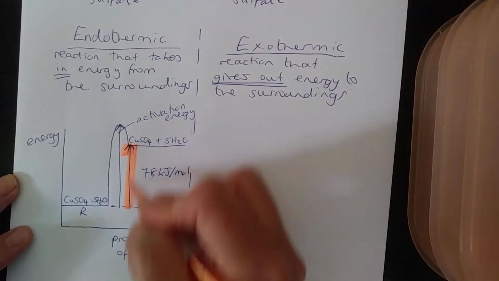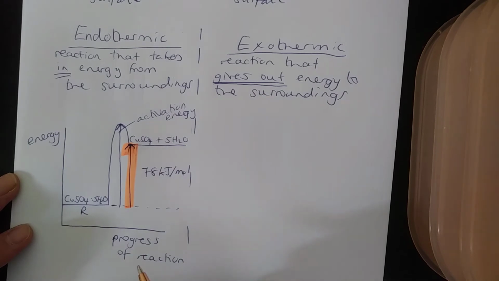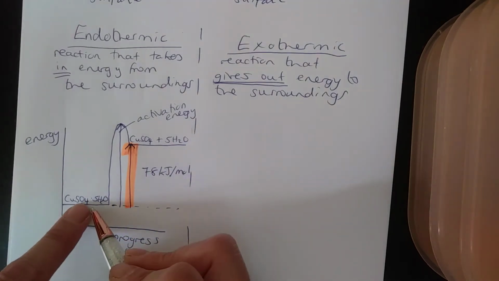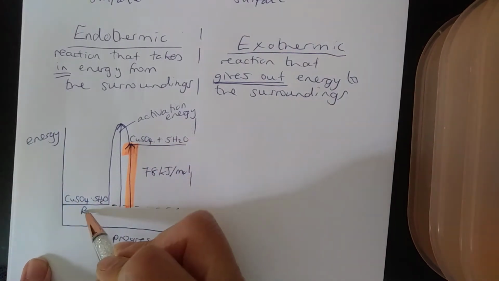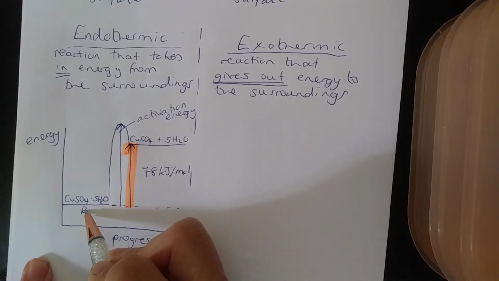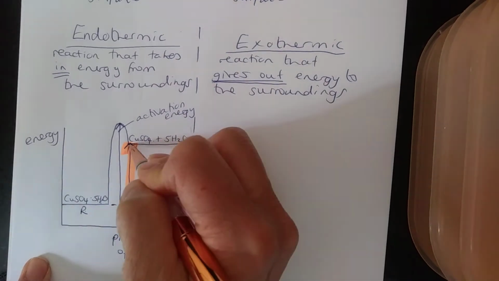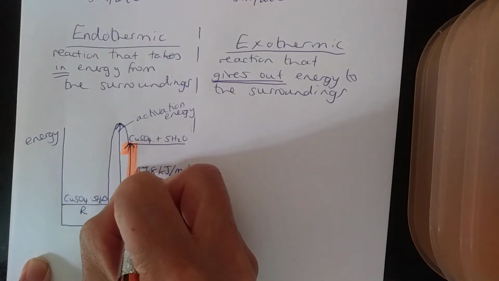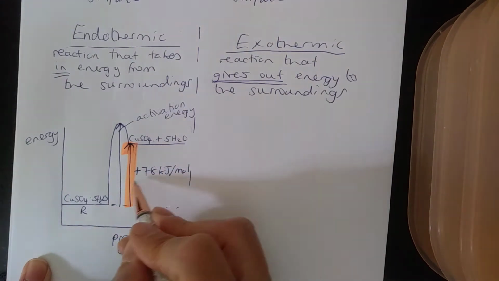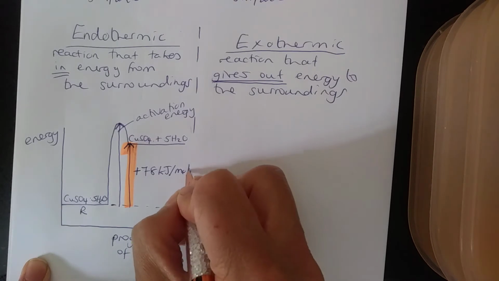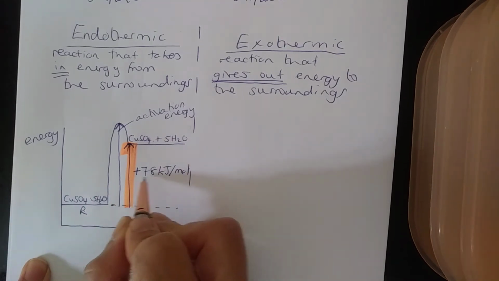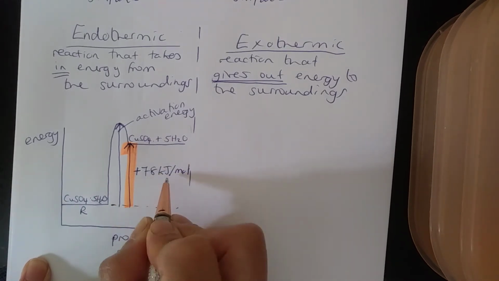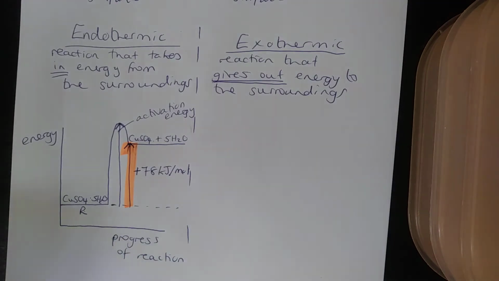So energy is taken in from the surroundings. So the products have more energy than the reactants because energy has been taken in. So we do use a plus sign to show that this is an endothermic reaction, and the value for that reaction is plus 78 kilojoules per mole.